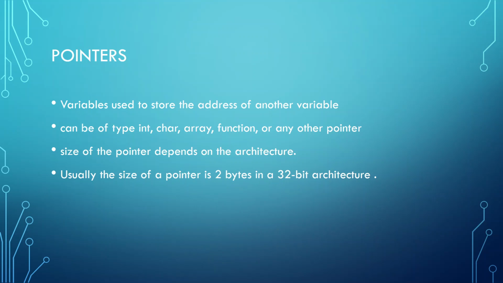Generally it has 2 bytes of size for a 32-bit architecture. But Java is a platform independent language, and the pointer feature is platform dependent. That is why it is removed in Java programming. But it is available in C and C++.